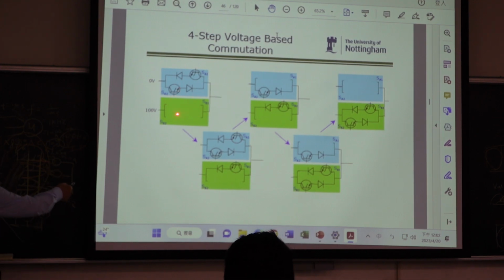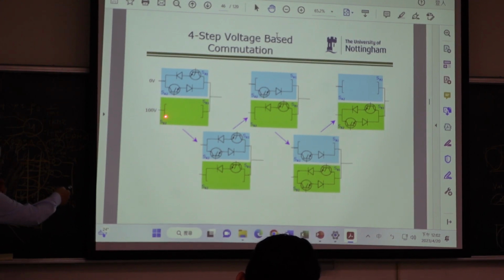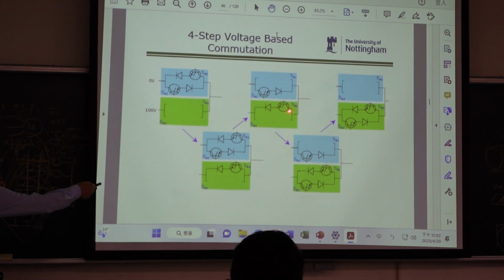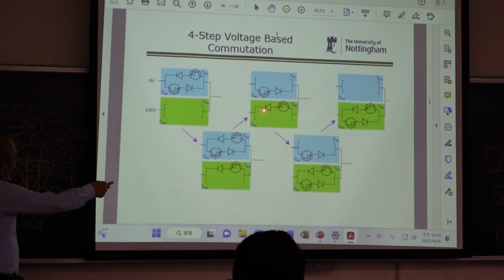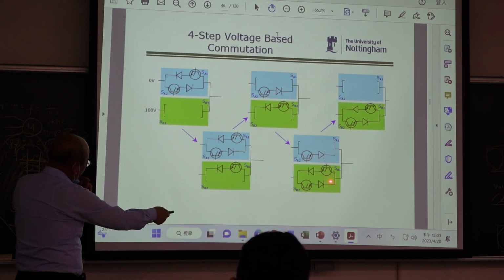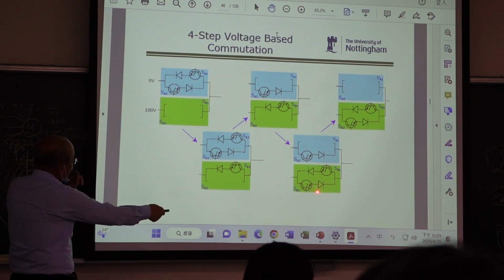So you can see this one, 4-step, and here, and then we know it should be turned on here. So we turn on here, and here. If we turn on here, then we can automatically turn on here because it is useless. Then after that, we can turn on here, and then they share 50%, 50%.